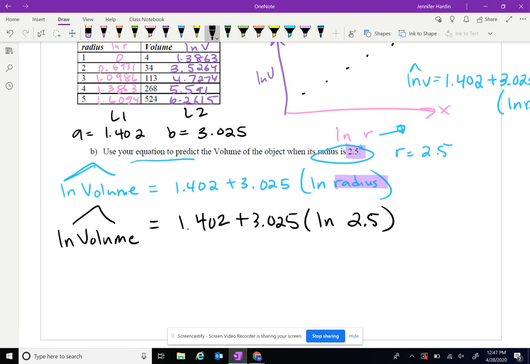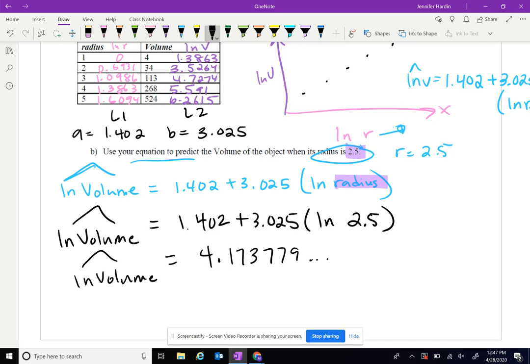Okay, and then I'm going to add 1.402. So I've predicted that the natural log of the volume is 4.173779, and so on. I would keep that in my calculator so that I don't have any rounding issues.